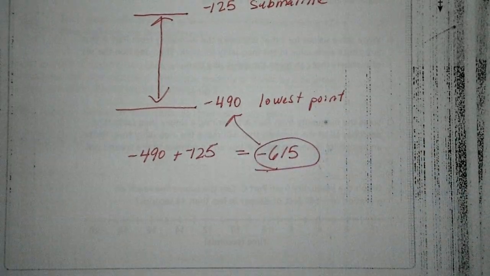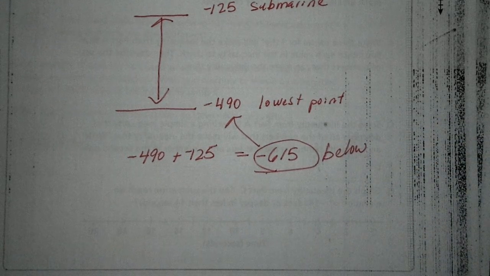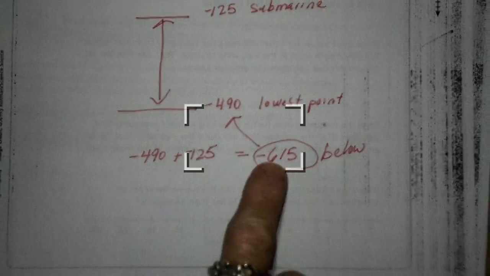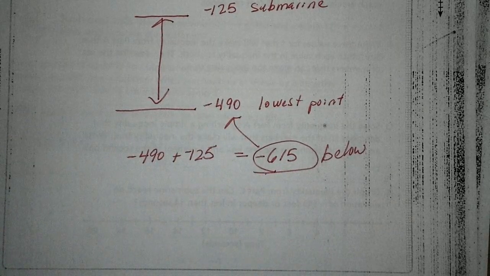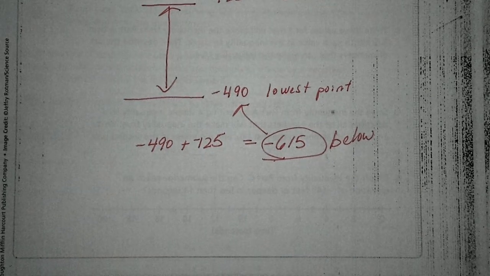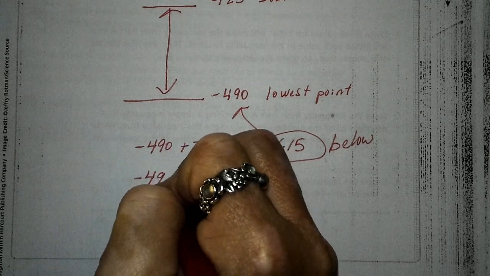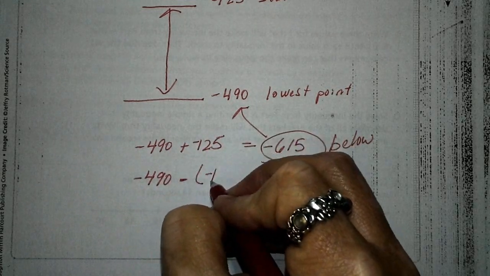Isn't that below this? Yes, ma'am. So I can't add them because if I add them, I get a number that is way lower than negative 490. So what should I do? Subtract.